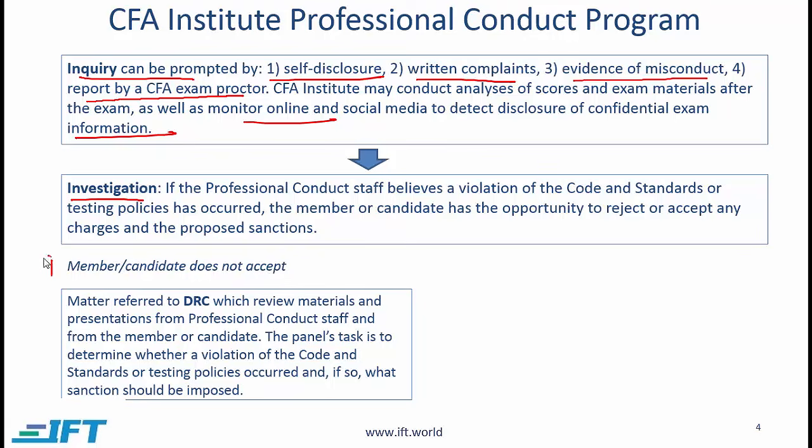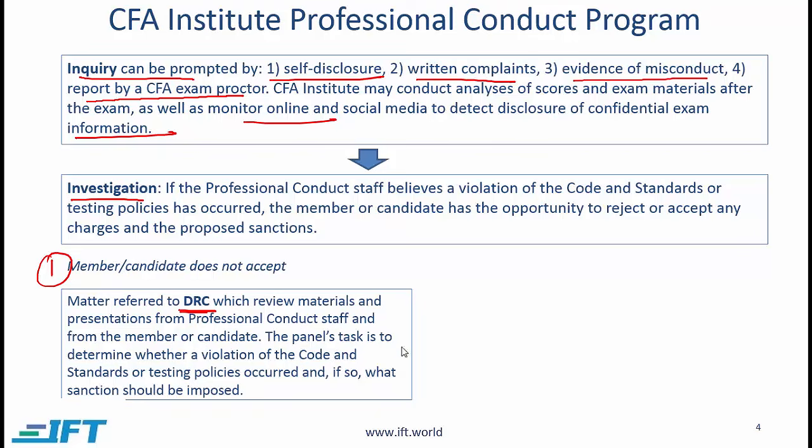Let's start with this scenario first. The member or candidate does not accept. Then the matter is referred to the DRC. This is the Disciplinary Review Committee, which reviews materials and presentations from professional conduct staff and from the member or the candidate.